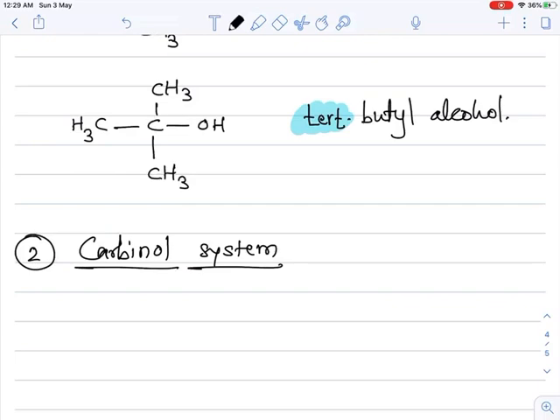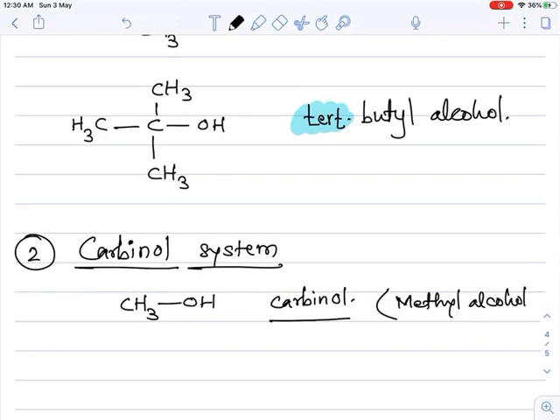If I take an example of methyl alcohol, CH3OH, methyl alcohol is named as carbinol. A one carbon containing alcohol is called a carbinol, that is methyl alcohol. Methyl alcohol is called carbinol in this system. So CH3OH is a carbinol.